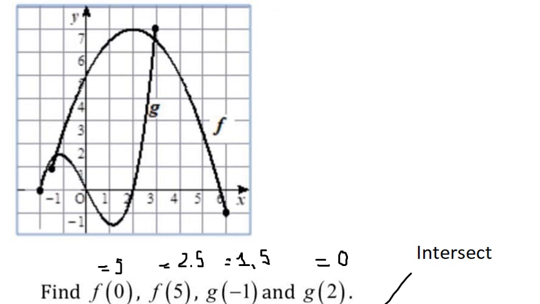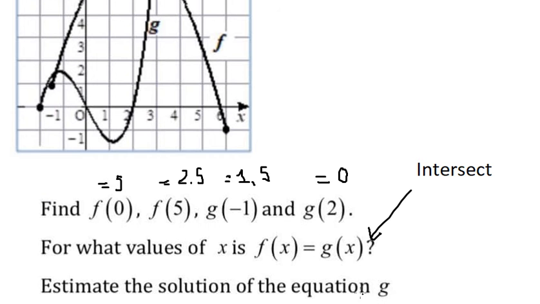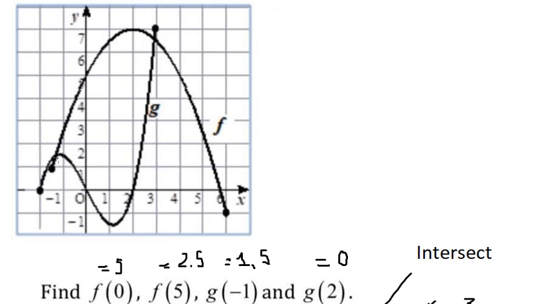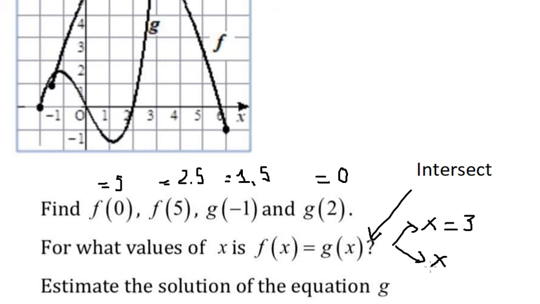If we look at this intersection and draw the line going down, we see that's about 3, so s equals 3. The next one, we have the second intersection in here. We see that it's between negative 2 and negative 1, so I will estimate that's about s equals negative 1.5.